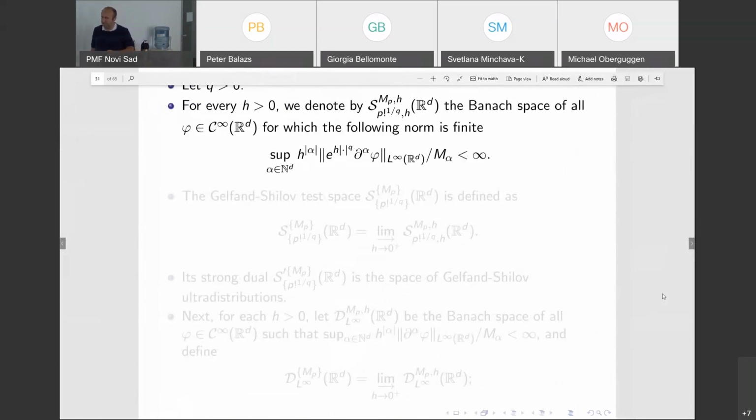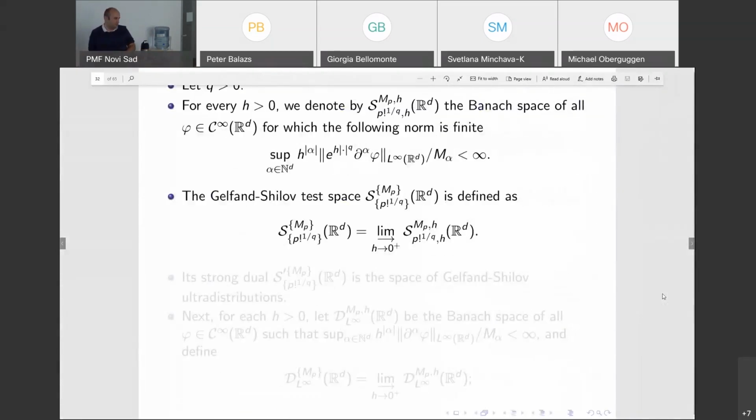Look at this: we take the derivative and multiply with this super-exponential weight, and then this should be bounded by the order of derivative in this manner for fixed h. And then we take the inductive limit, which, if you're not familiar with the topology, you can think of as a union in the set-theoretical meaning. So we demand this to be true for some h.